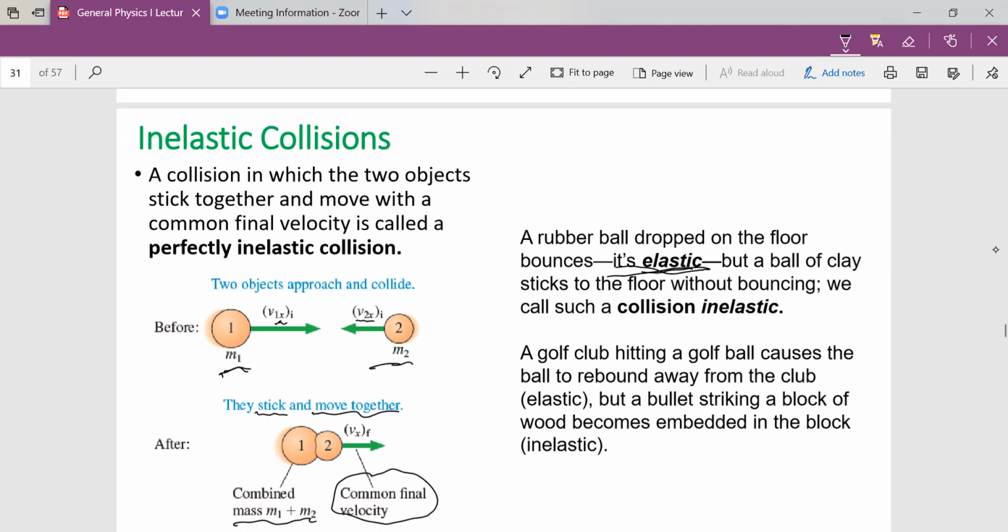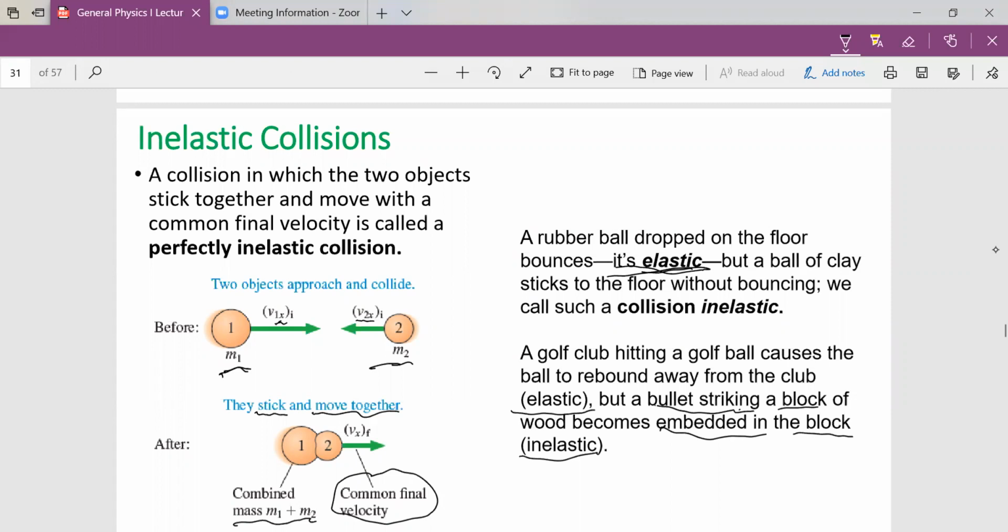We have other examples of inelastic collision, like when a bullet is shot into a tree and the bullet is embedded inside the block or whatever it is shot into. Such combination is also inelastic.